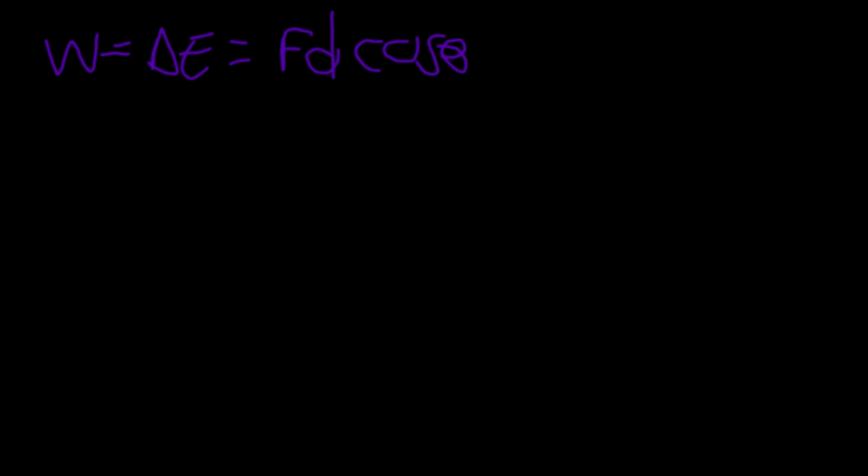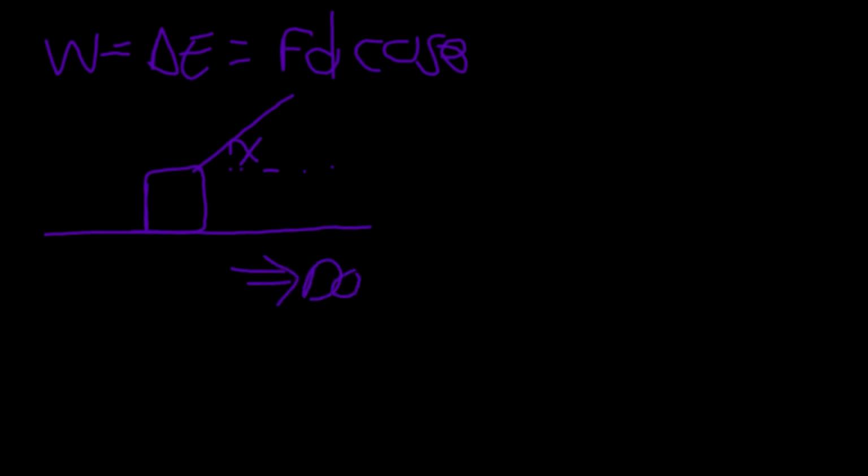So, for example, say we have a box being pulled at some angle x from the horizontal. This is our direction of motion, but there is friction on the floor. We want to know what is the work done by friction.